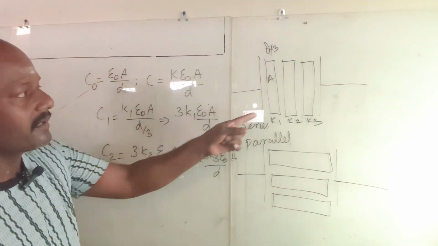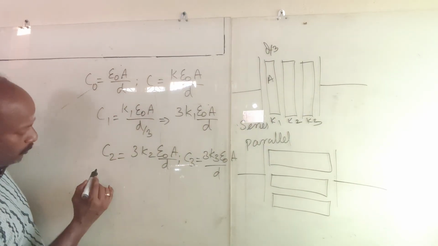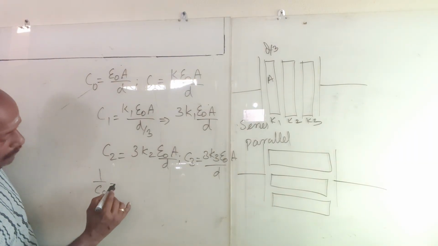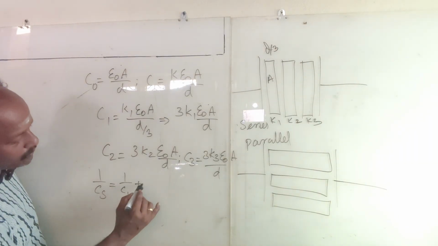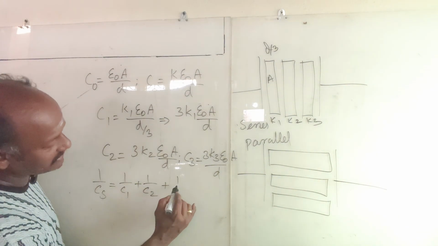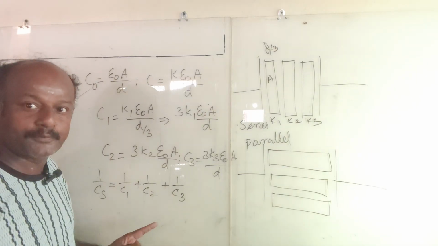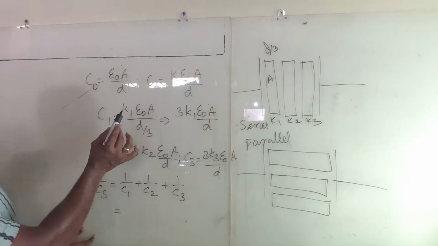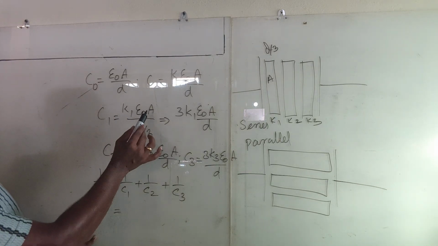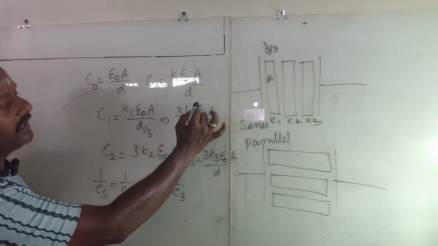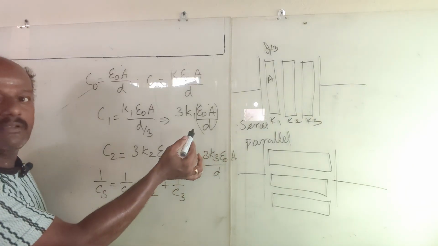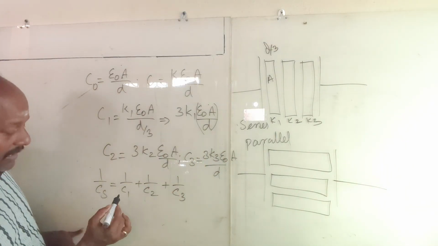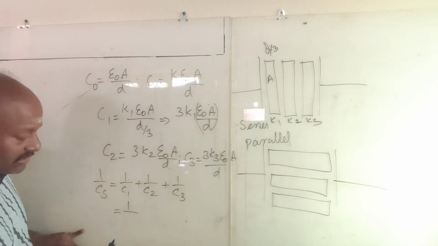Now, when these three are connected in series, 1 by Cs is equal to 1 by C1 plus 1 by C2 plus 1 by C3. When I substitute the values, epsilon naught A divided by D will be the constant, but remember it is in the denominator, the reciprocal.